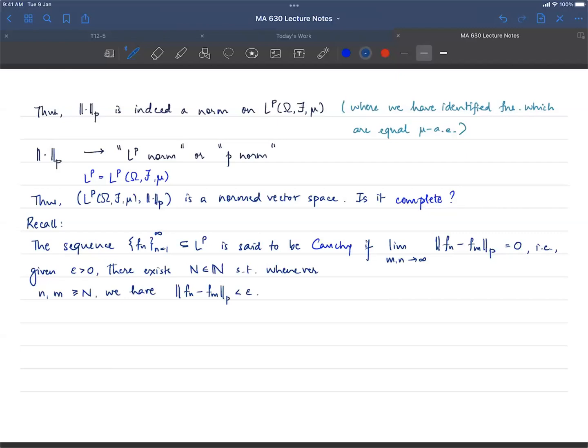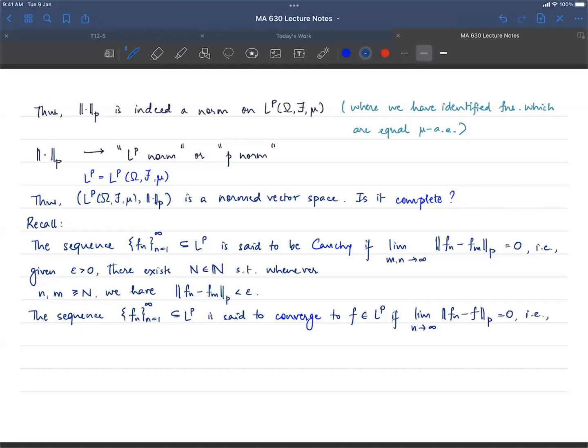You're familiar with that. Let's say what it means for a sequence to be convergent. So the sequence f_n, n going from 1 to infinity in L^p, is said to converge to f in L^p if the limit as n goes to infinity of the norm of f_n minus f in L^p is 0.